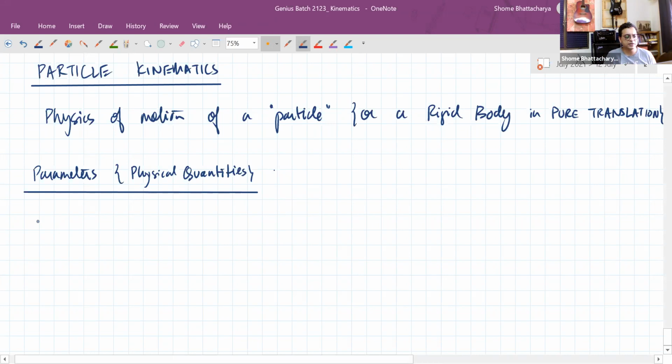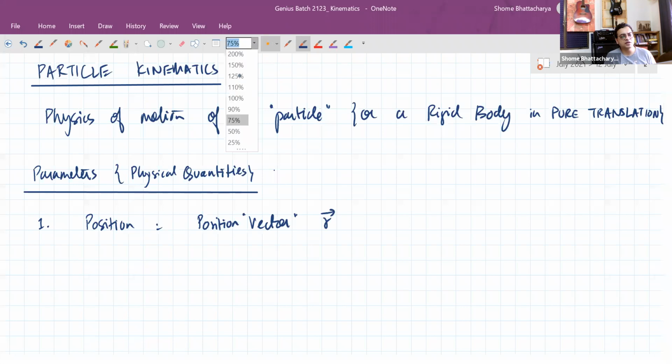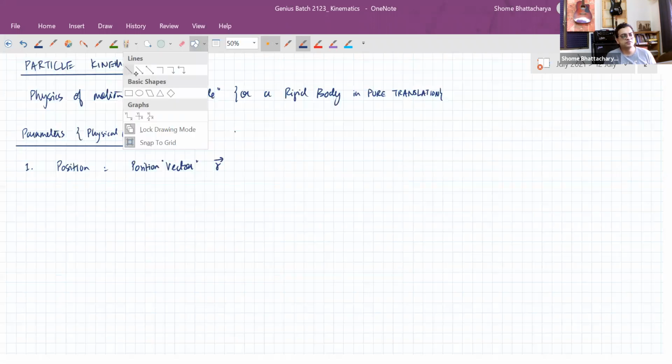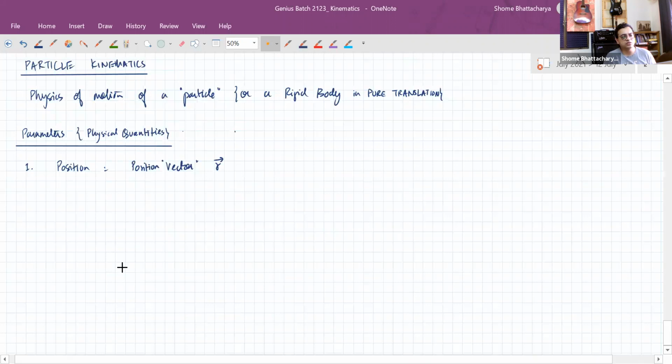So in that respect, the first parameter is position, which we will now treat as a vector quantity. So the more proper definition is position vector, and we denote this with the symbol r. The position vector of a particle at any instant is described as the vector joining the origin of our coordinate frame to the particular location of the particle.